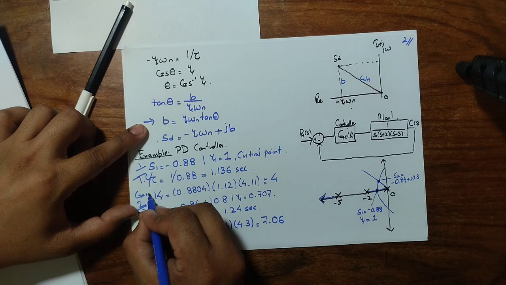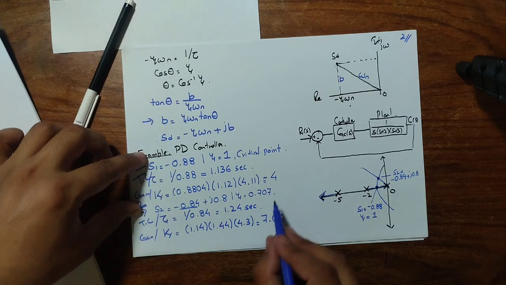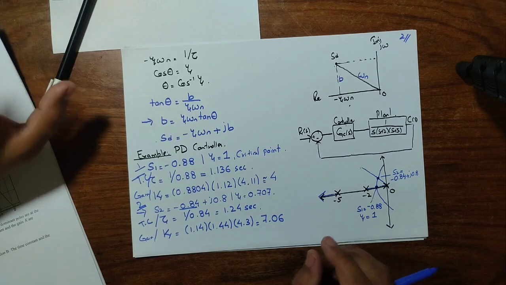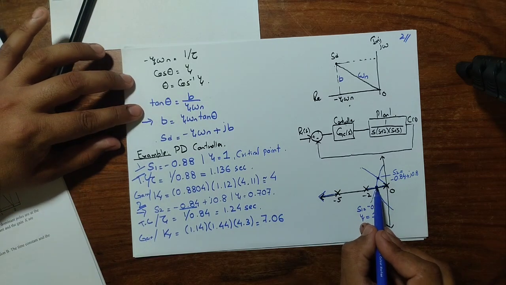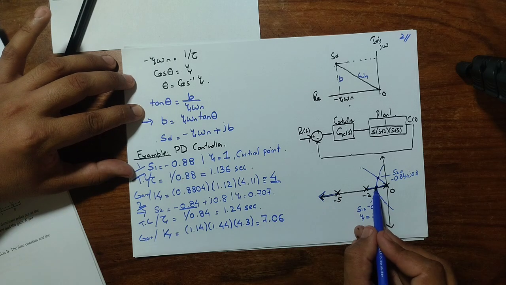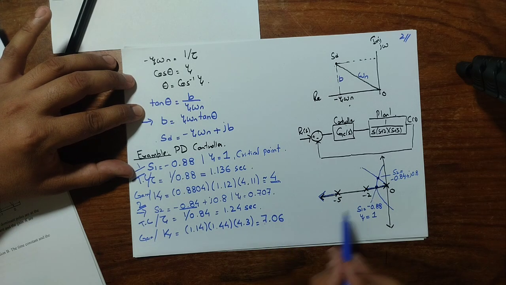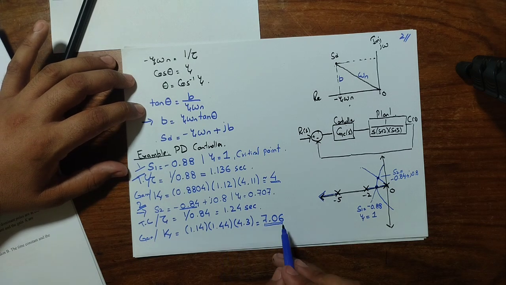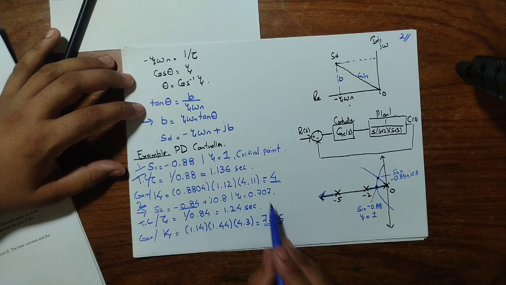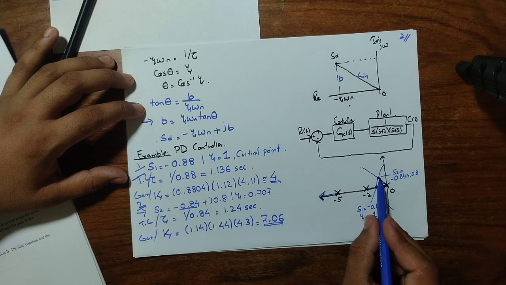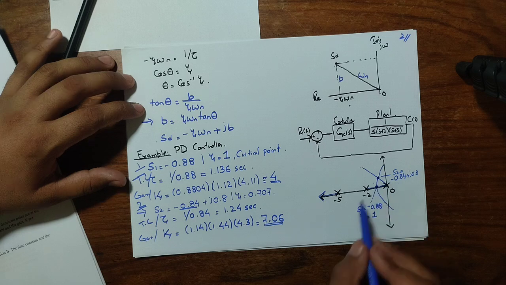Till this point, everything is fine. If we want to operate at S1, we can apply a simple gain of 4 and we will reach this point. And if we want to operate at S2, the same mechanism applies: if we set the gain to 7.06, we are able to operate our system at the desired point S2.